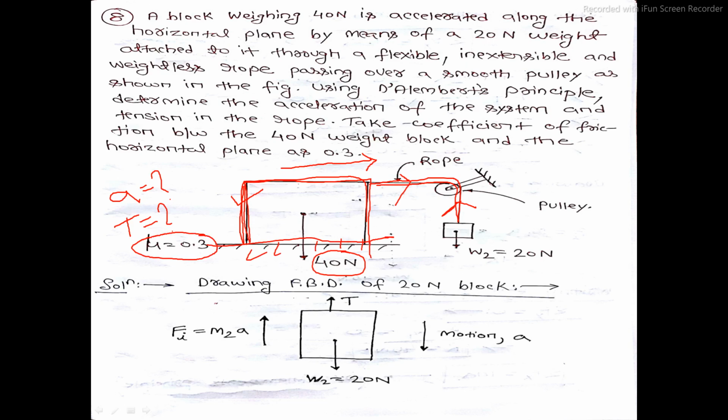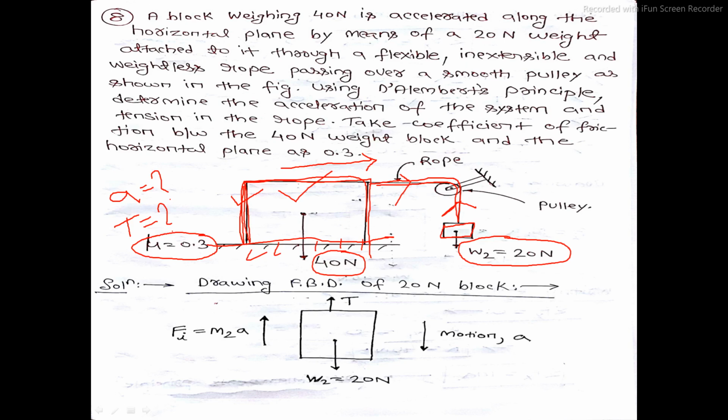Also the weight of this small block, which we are pulling down in order to give a horizontal acceleration to this bigger block, is given, and that weight is 20 Newton. I need to find out the horizontal acceleration of the bigger block and the tension exerted by the rope.